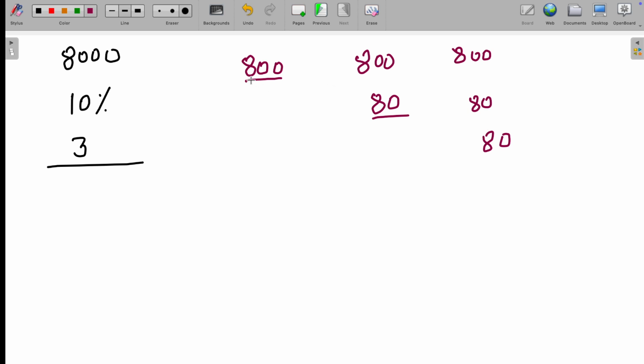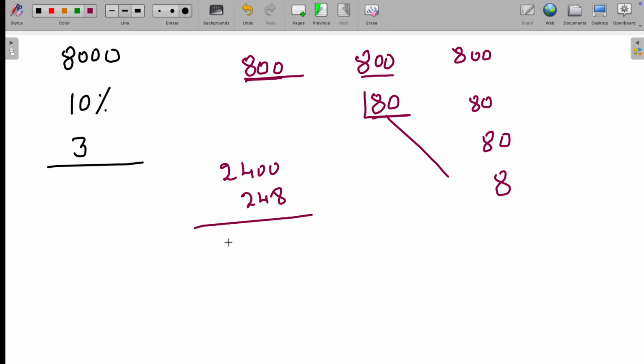Why 2 times? For this 10 percentage, for this 10 percentage. That's why 2 times. Also for this again 10 percentage, 8. So 2,400, 800, 800, 800, plus 248. Final answer will be 2,648. Clear?